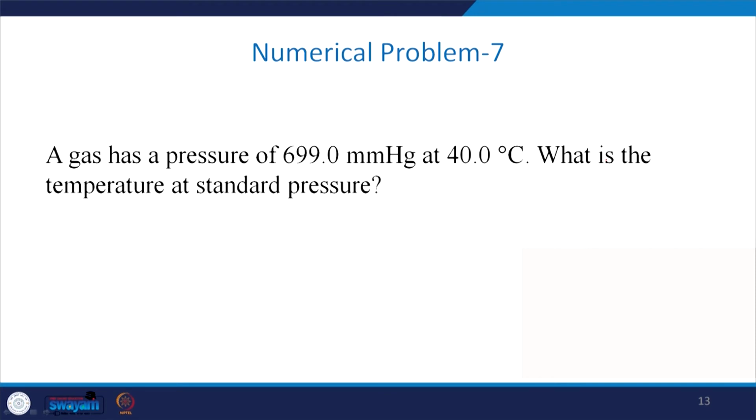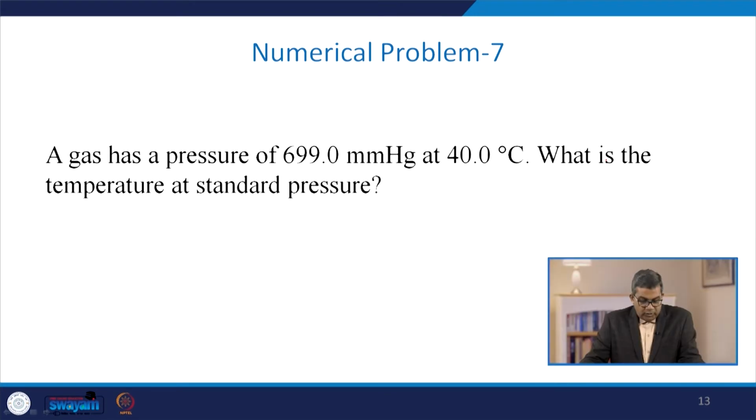Now, in another problem, a gas has a pressure of 699 millimeter of mercury at 40 degrees Celsius. Then you need to find out what is the temperature at standard pressure.